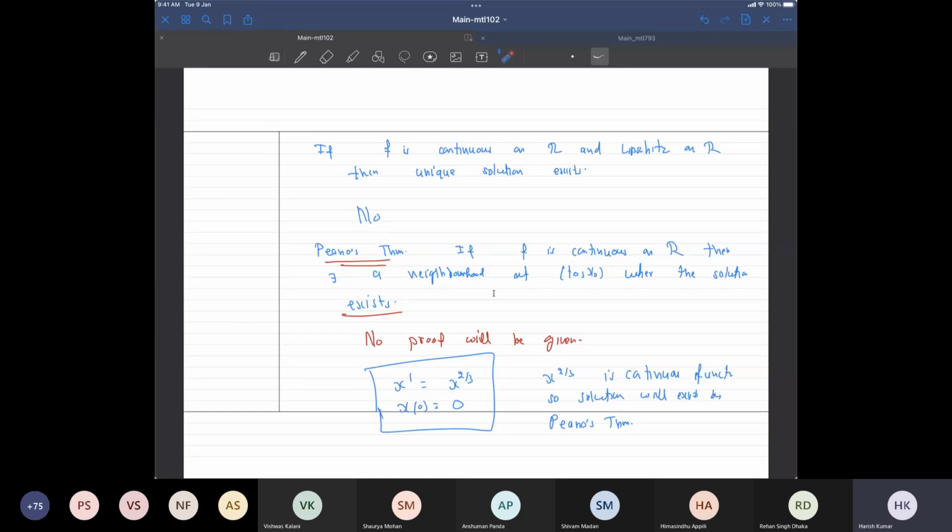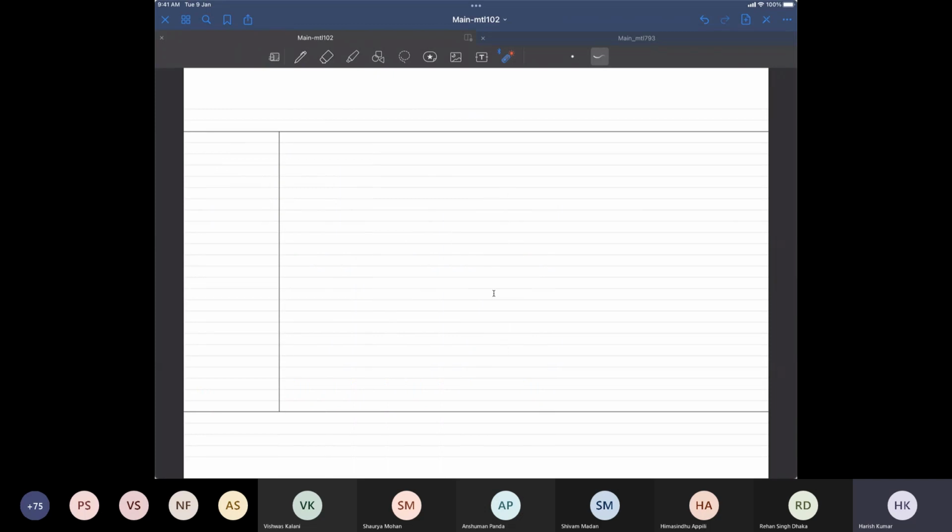You should keep in mind that if f happens to be continuous, the Peano theorem does not guarantee uniqueness. Only when you have Lipschitz continuity can you guarantee uniqueness.